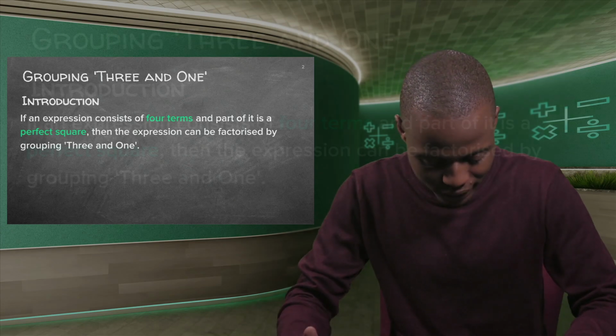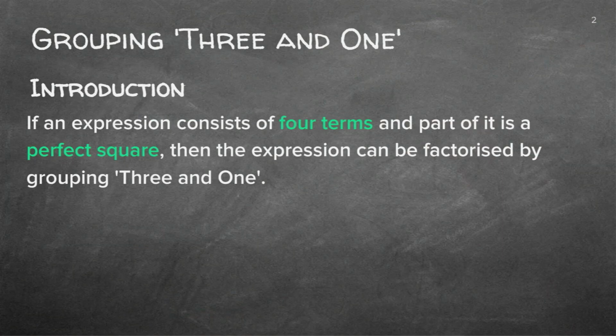So the first part of our lesson tries to unpack what actually grouping 3 and 1 means. If an expression consists of 4 terms, okay, so we need to have at least 4 terms, and part of it is a perfect square.